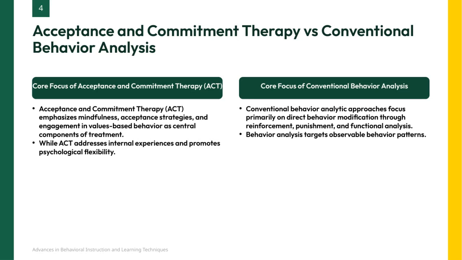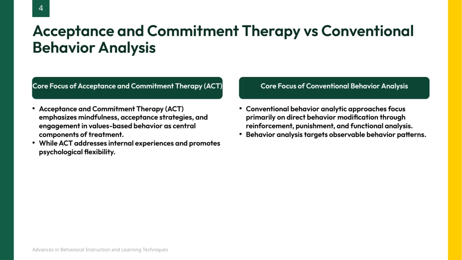When we compare acceptance and commitment therapy, or ACT, with conventional behavior analysis, the main difference lies in their core focus. ACT centers on mindfulness and acceptance strategies, encouraging individuals to engage in behaviors aligned with their values. It's really about addressing internal experiences and helping people develop psychological flexibility to adapt more effectively to life's challenges.